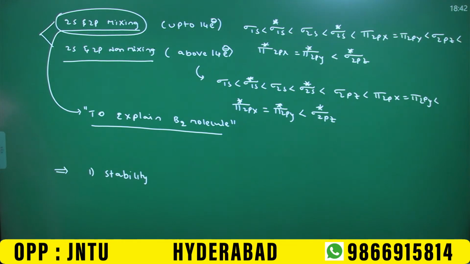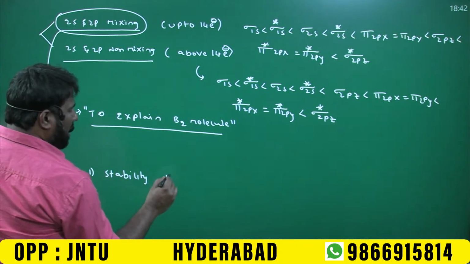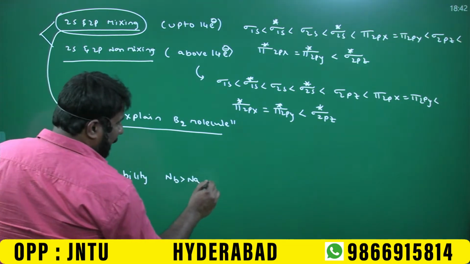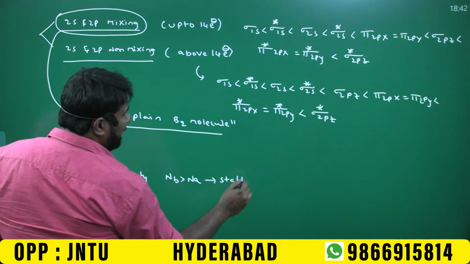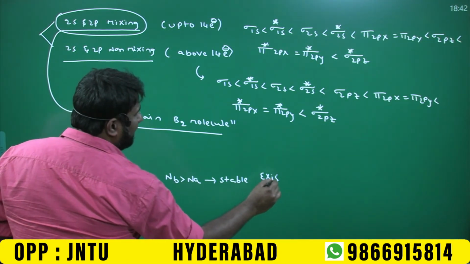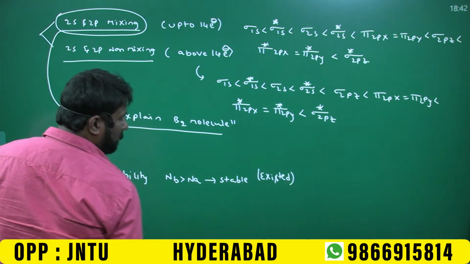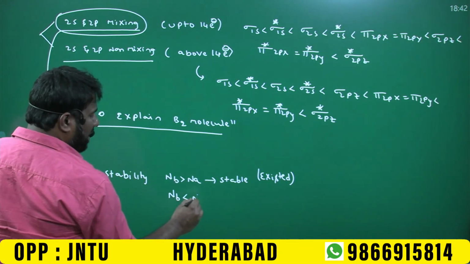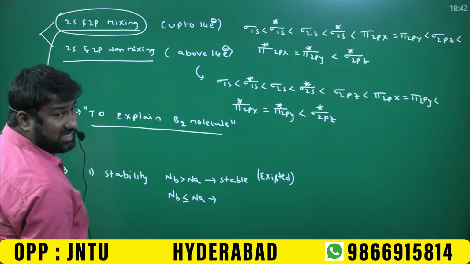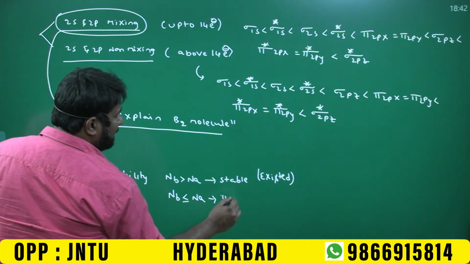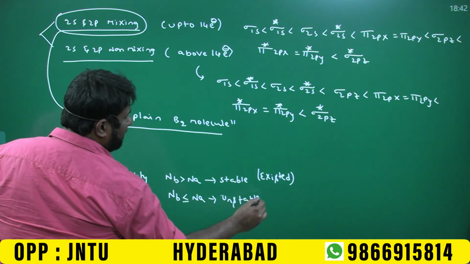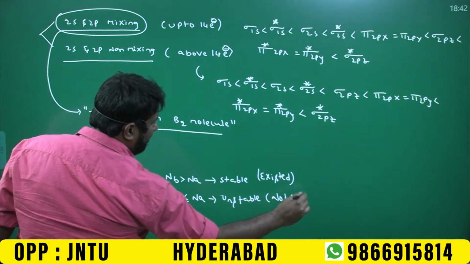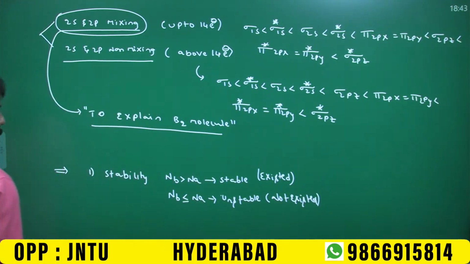If the number of bonding electrons is greater than the number of anti-bonding electrons, in such a case the molecule is stable, means that it can exist. If the number of bonding electrons is less than or equal to the number of anti-bonding electrons, in such a case that molecule is unstable, means that it cannot exist. This is the first thing, stability.